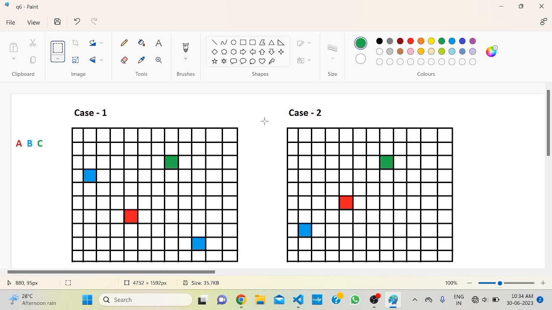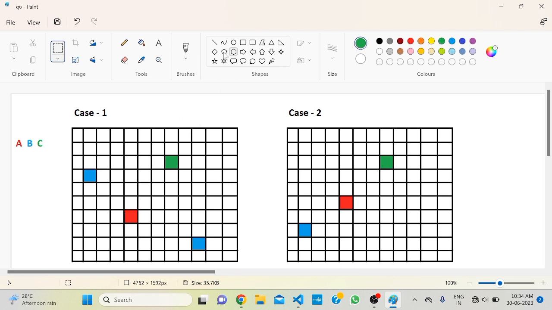The basic thing I want to say is that the blue one and green one are either on the same side of the red one or on the opposite side. These two cases are there.